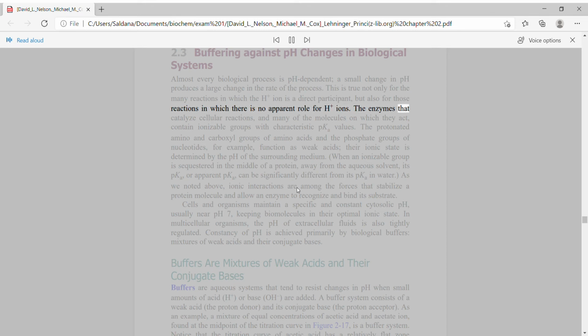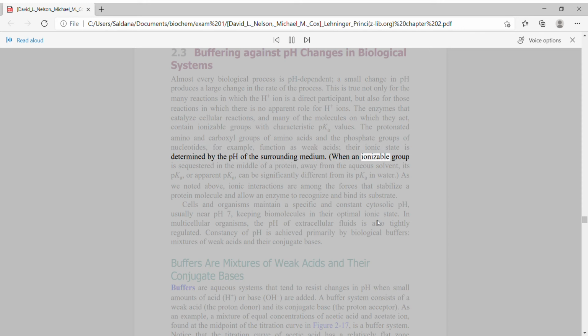The enzymes that catalyze cellular reactions, and many of the molecules on which they act, contain ionizable groups with characteristic pKa values. The protonated amino and carboxyl groups of amino acids, and the phosphate groups of nucleotides, for example, function as weak acids. Their ionic state is determined by the pH of the surrounding medium.